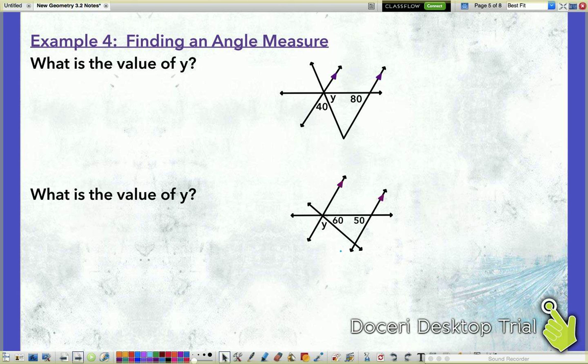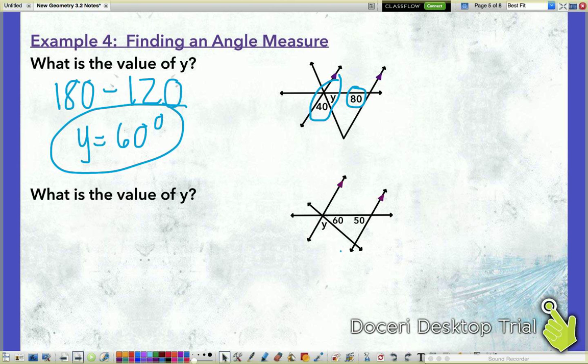So basically with these, all you have to do, it's simple, I made that way too difficult, is we take these two measures, which is 120, and we subtract that from 180. Because these two angles together would make consecutive interior angles, and that would be 180. So the value of y would be 60. Well, I made that way more complicated than I needed to, but just think about it that way.